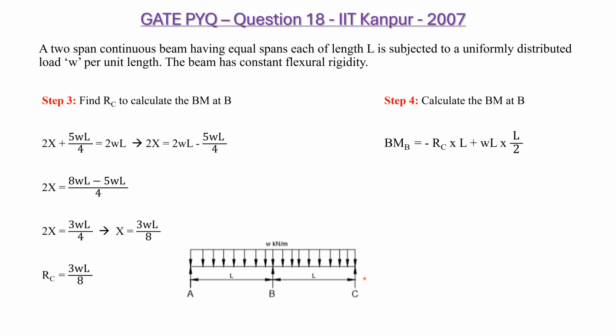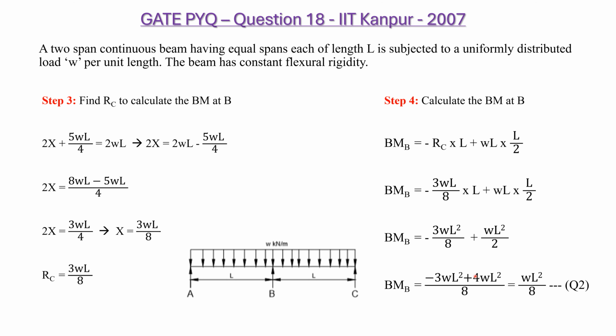Therefore RC into L will produce anticlockwise moment, so I have taken it as minus, and WL produces clockwise moment about this point B, therefore I have taken it as positive. Solving it, substituting for RC, that is 3WL/8 into L plus WL into L/2. When I solve this further, it is minus 3WL^2/8 plus WL^2/2.